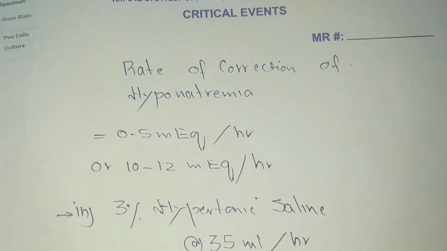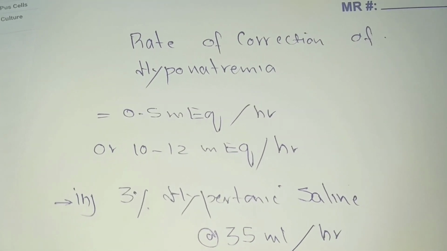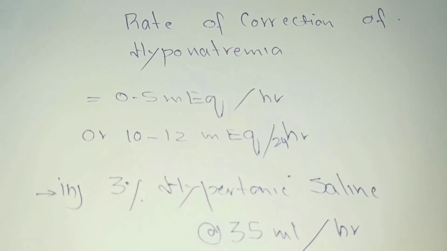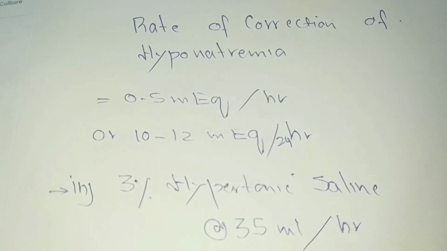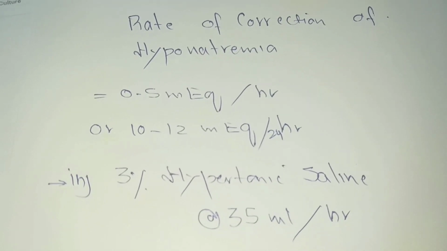The rate of the correction of hyponatremia should be 0.5 milliequivalent per hour, or it should only be 10 to 12 milliequivalent per 24 hours. So in a whole day, only 10 to 12 milliequivalent of sodium should be raised.